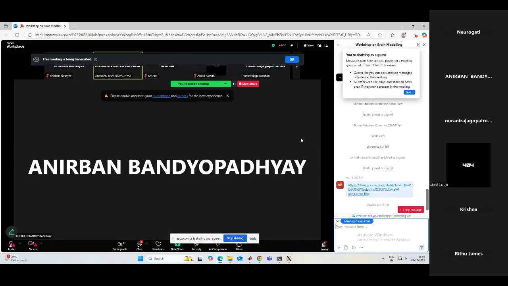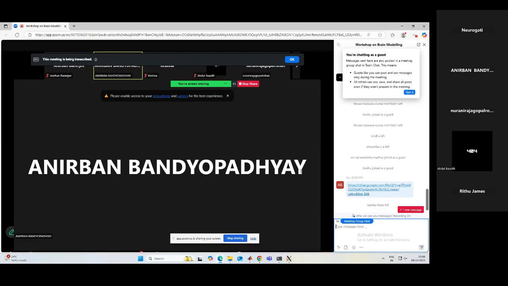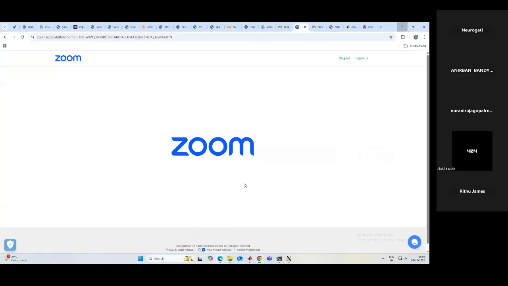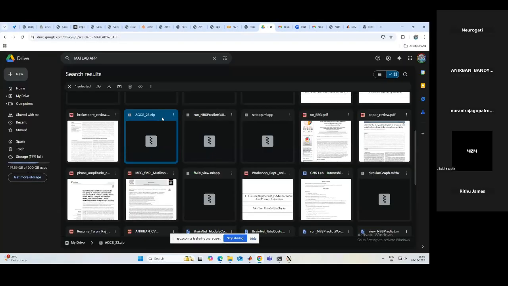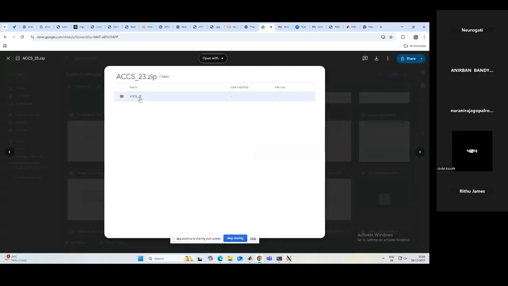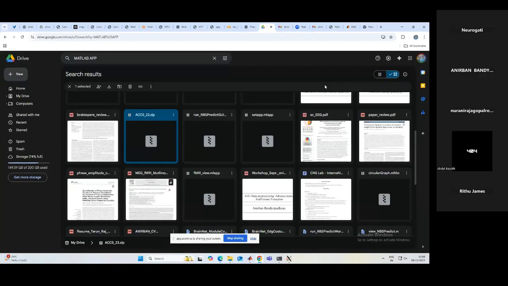If you open the drive, you'll see that... Anirban, it is asking for access. Okay.